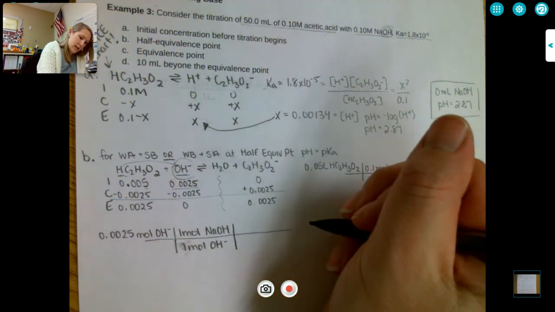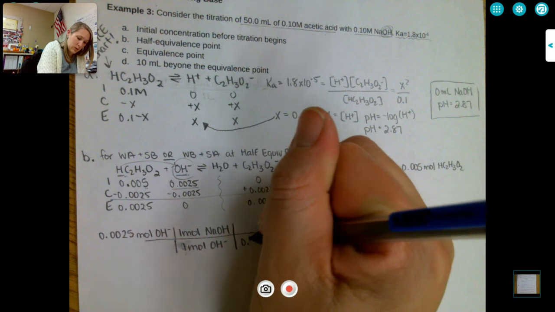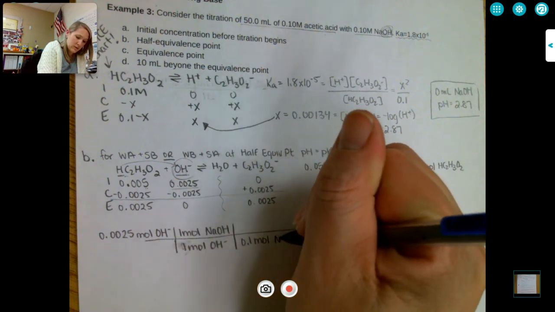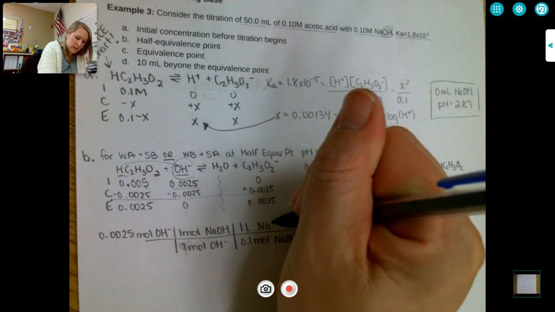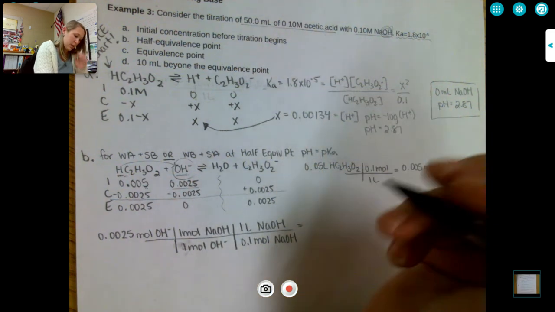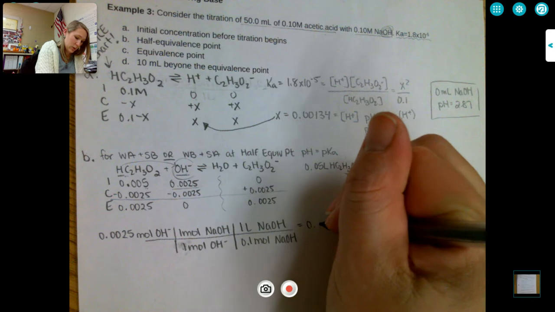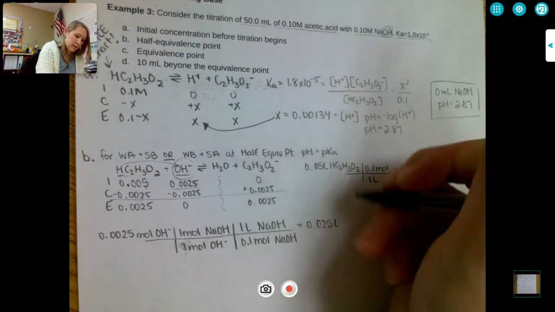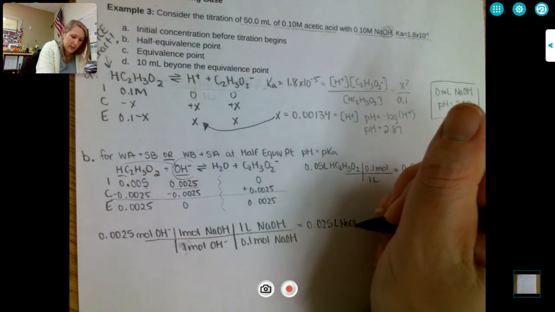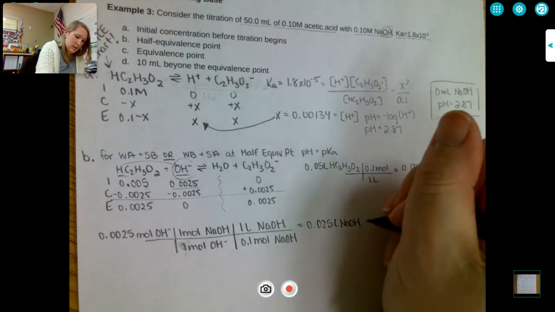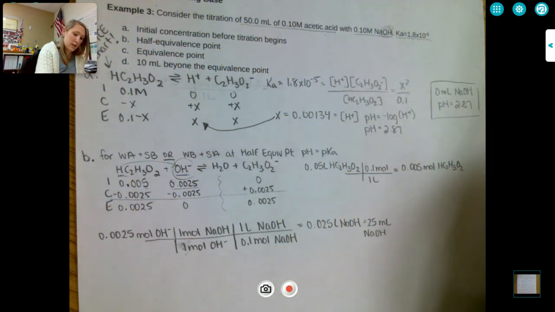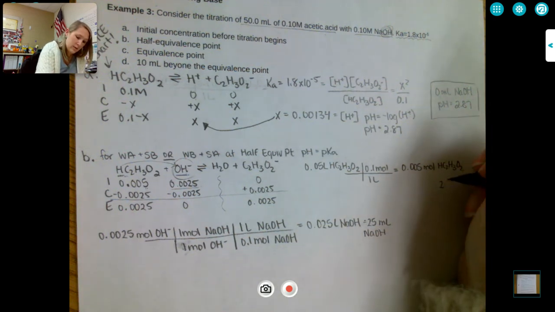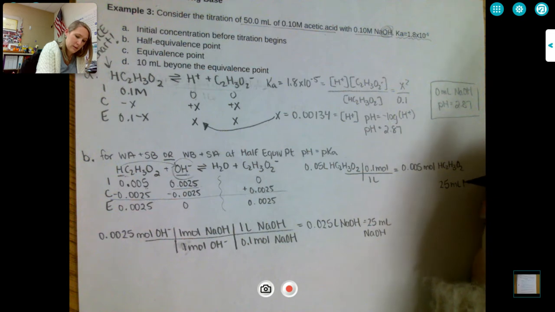And my concentration of sodium hydroxide is 0.1 moles of sodium hydroxide for every 1 liter of sodium hydroxide. I'm going to have 0.025 liters NaOH, which is 25 milliliters NaOH. So that's good. So I know my volume. I've got 25 milliliters.